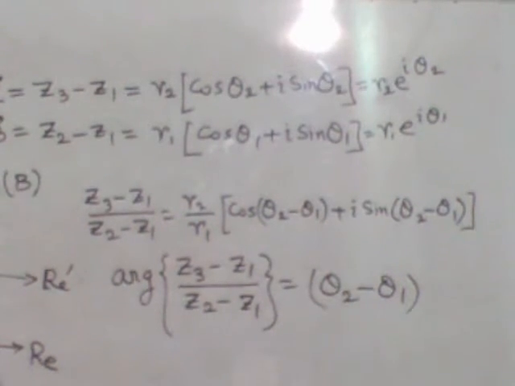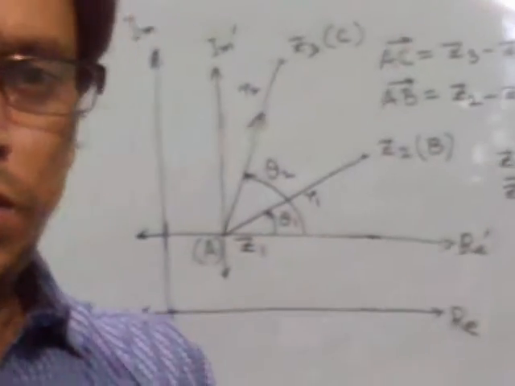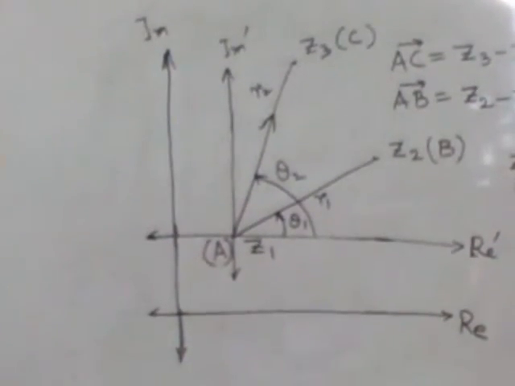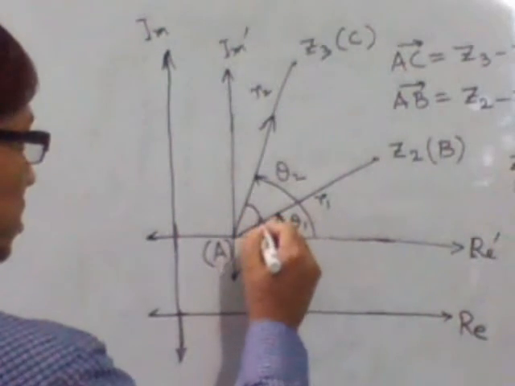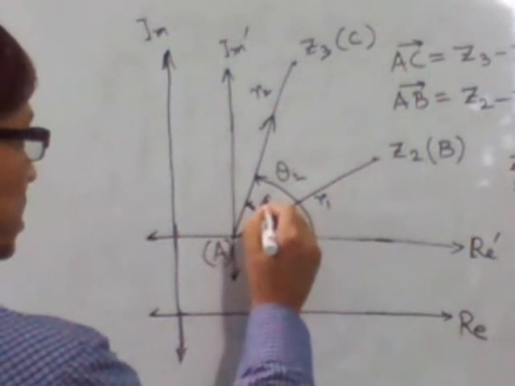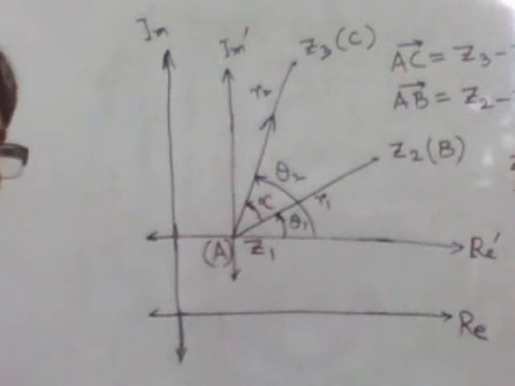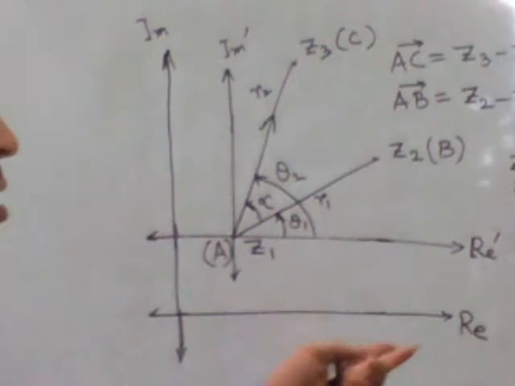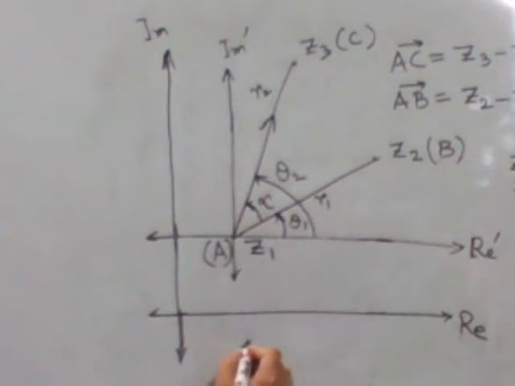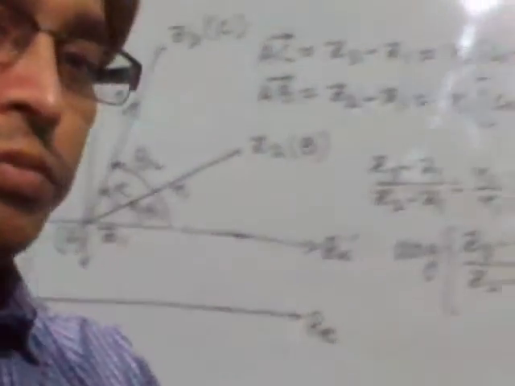Now notice the figure. Actually θ2 minus θ1 is this angle. Let us take this angle as alpha.